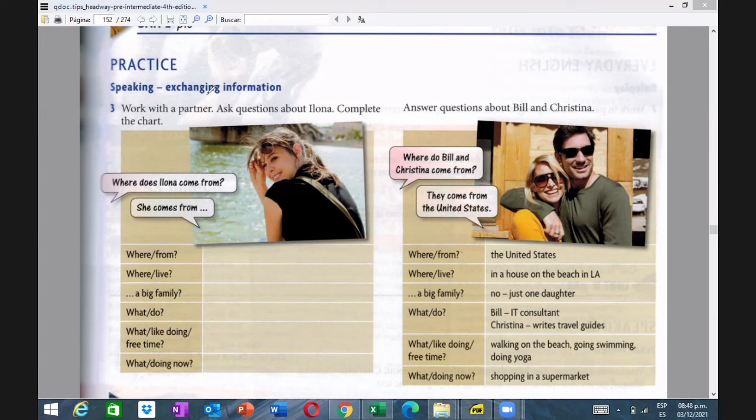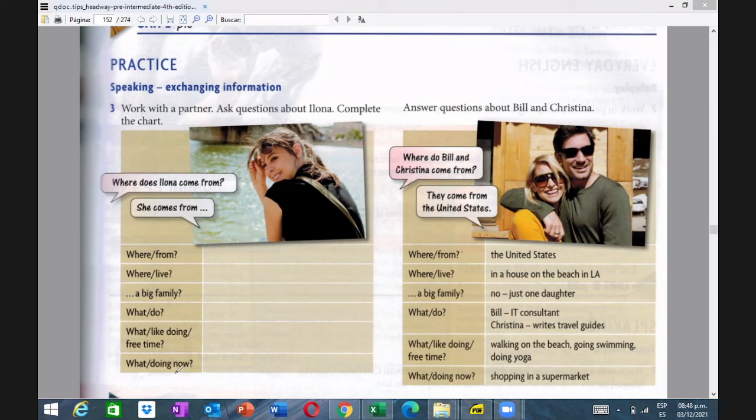Yeah, okay. Some of her free time activities.